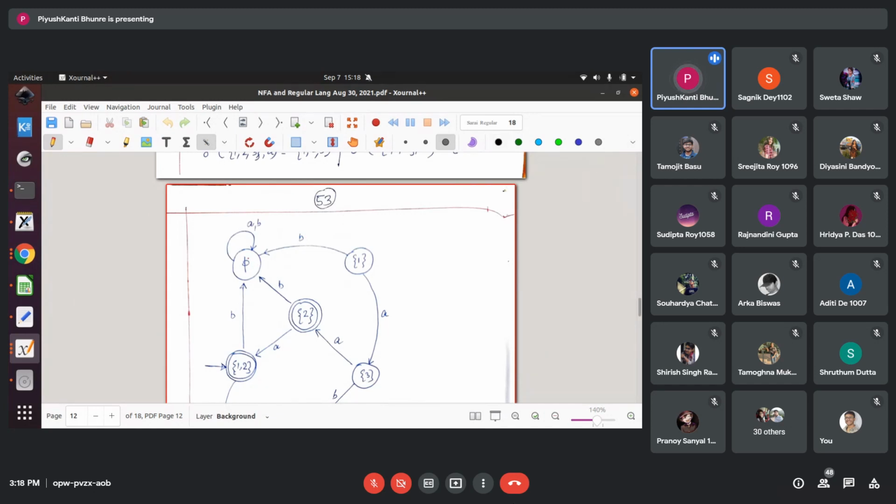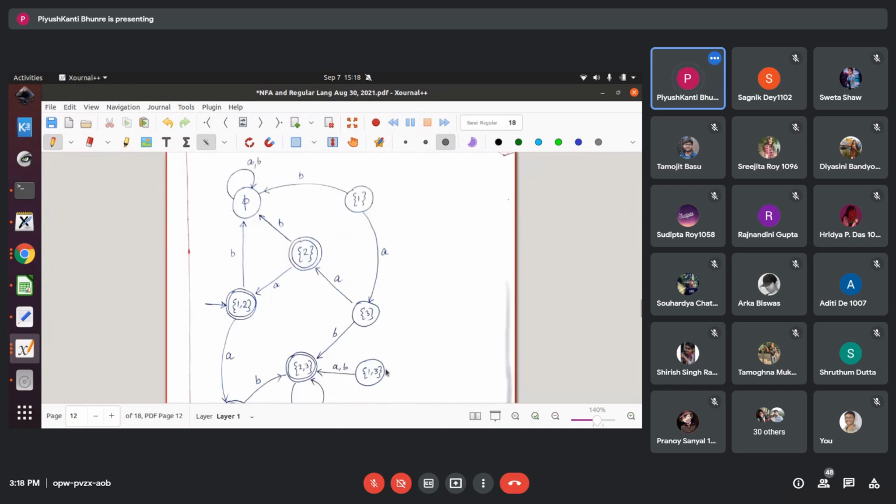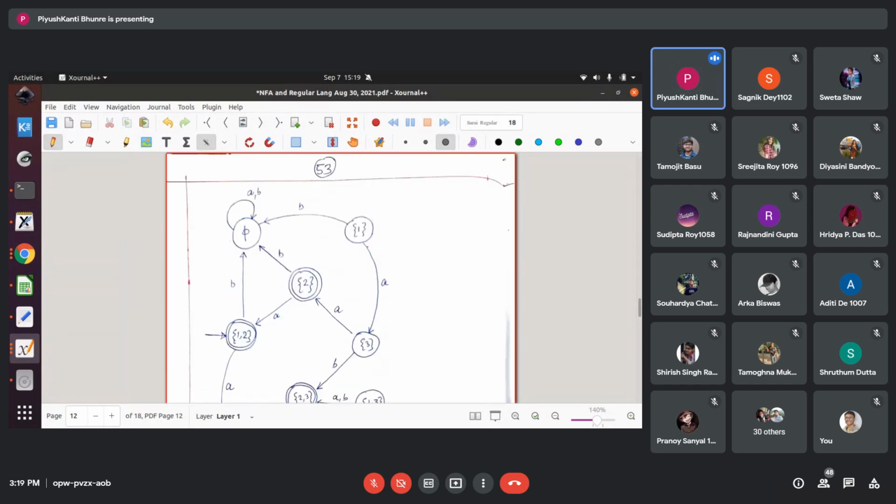So this is the 5 state. Another is 1, another is 2, 3, 1, 3, 1, 2, 2, 3. All 8 states are there. You count them: 1, 2, 3, 4, 5, 6, 7, 8. All states are there. So I can just draw the original one here just to compare.